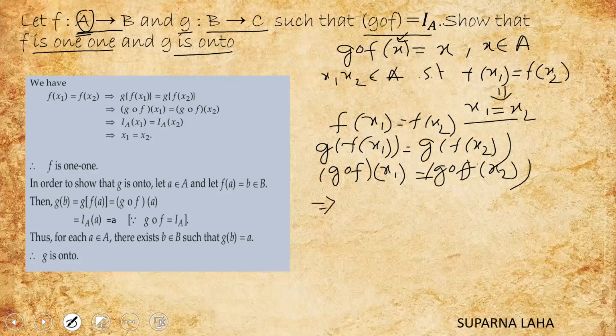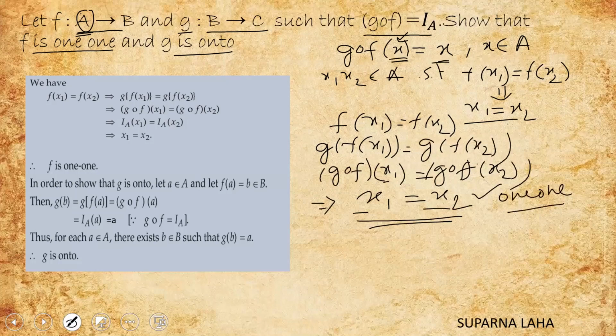Now this is the identity function, which means the input is the output. Here the input is x1, here the input is x2, and the outputs are also the same. Then x1 is equal to x2. That means it is a one-one function. So I have already proved that f is one-one.